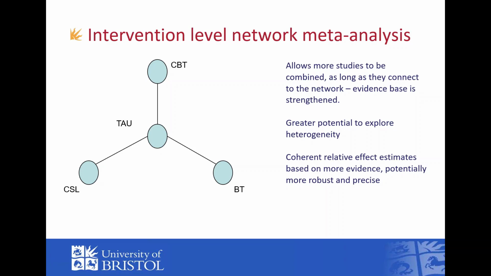As long as those 11 studies form a connected network, here denoted by these solid black lines between my CBT node and my treatment as usual node, for example, they can be analysed in a network meta-analysis.